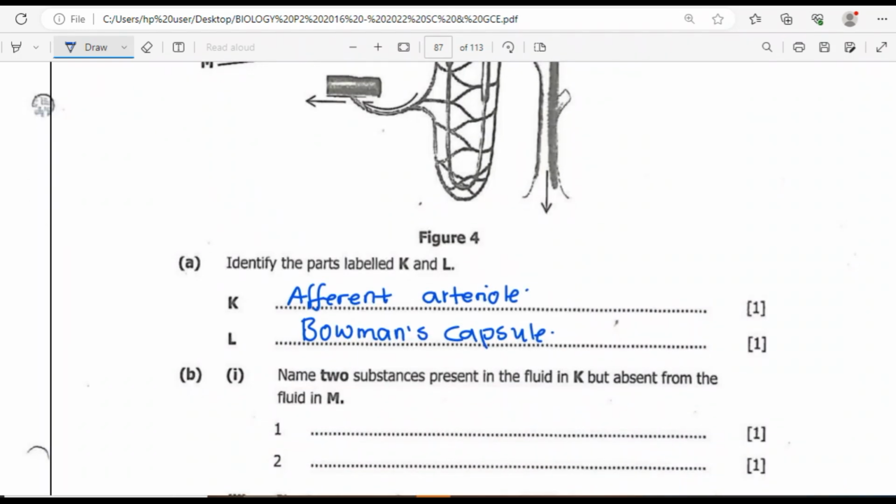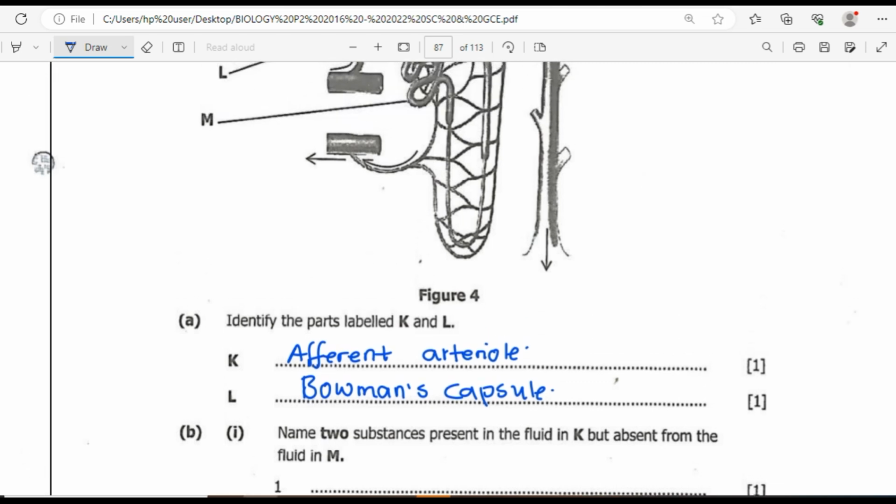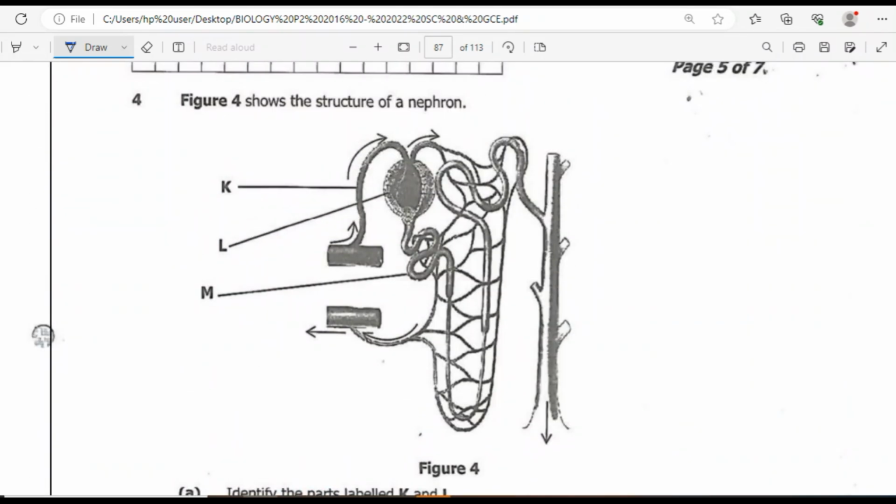Name 2 substances present in the fluid in K but absent from the fluid in M. This question is the same as asking which substances do not pass through the glomerulus into the Bowman's capsule.